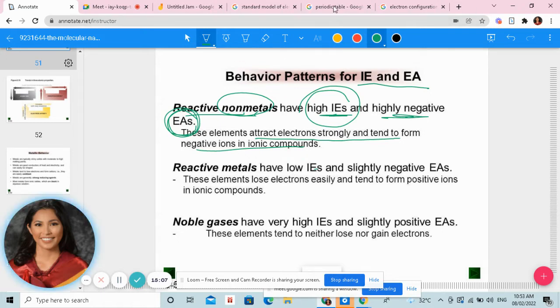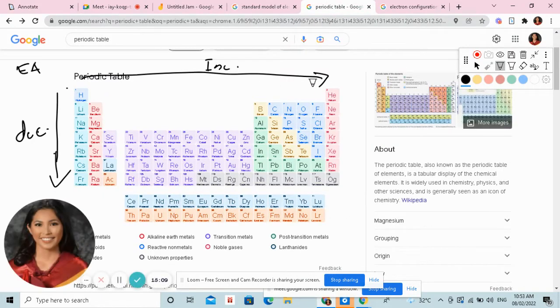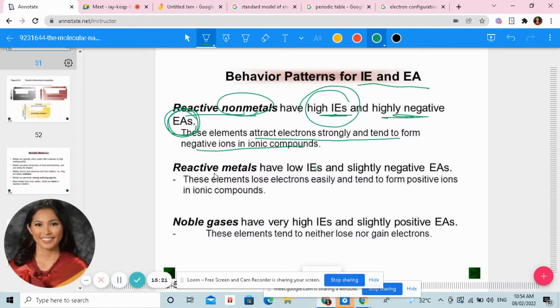That's why in the periodic table, as we go on, IE increases because they are nonmetals and they are more reactive because they have high ionization energy. Dali kay sila mulus og electron.